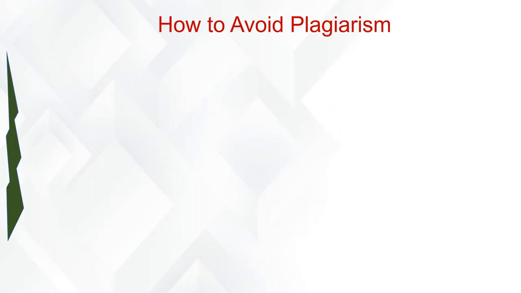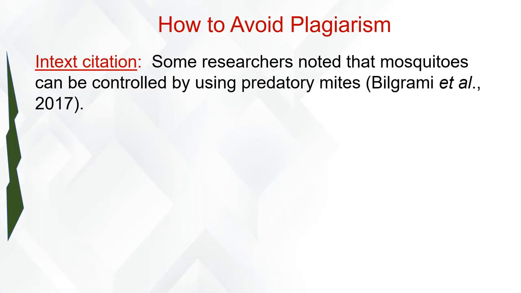Now there are some other ways to avoid plagiarism, and here I'll show three sentences, three explanations, if you would like to say that. I'll go through those sentences and see how you can write them.